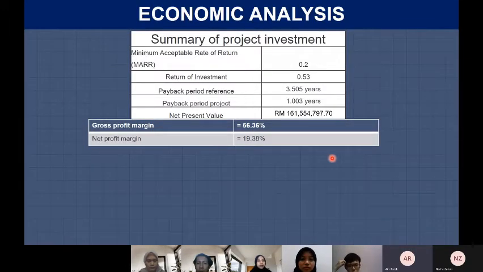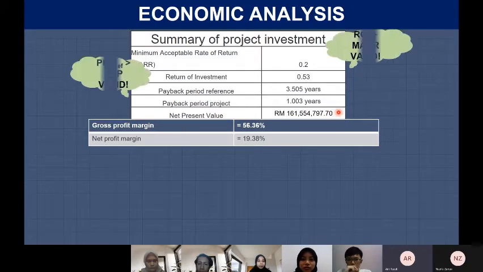Here is the summary of the economic analysis. Our MARR is 0.2 while our ROI is 0.53. It is acceptable for plant operation since the ROI is larger than the MARR value. Next, our payback period reference is 3.5 years while our project payback period is only 1 year. It is valid since the payback period reference is larger than our project payback period.